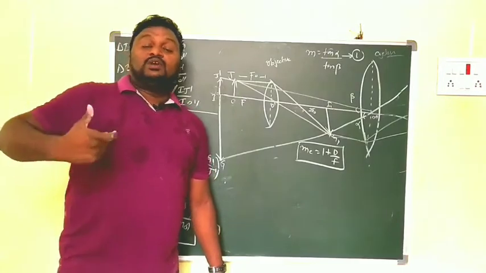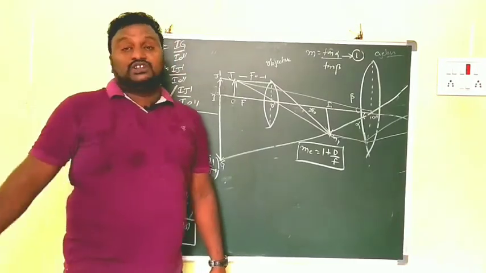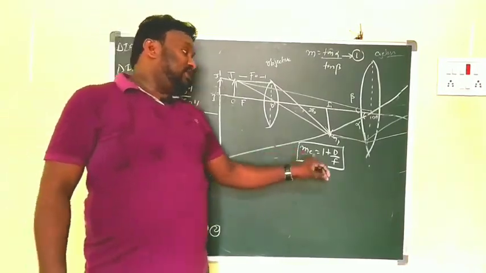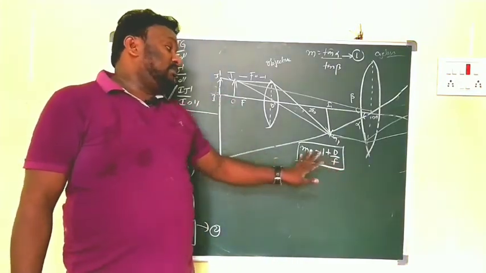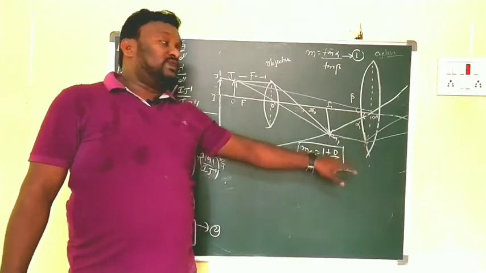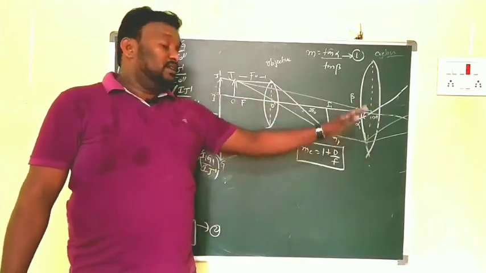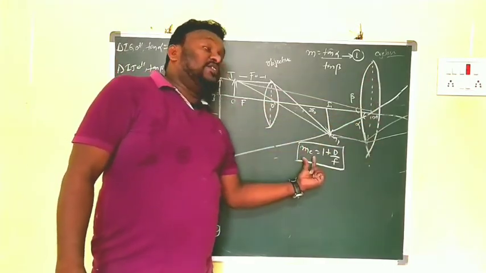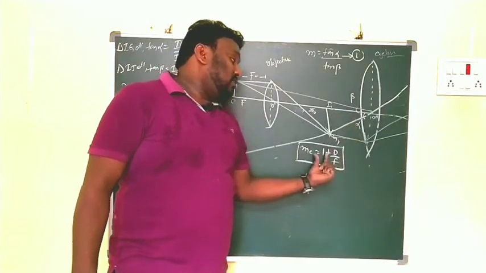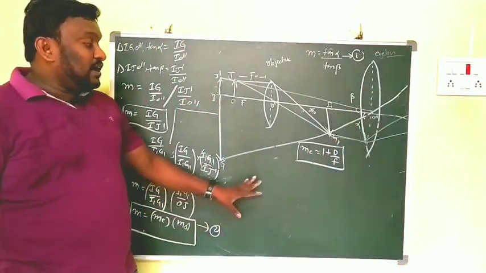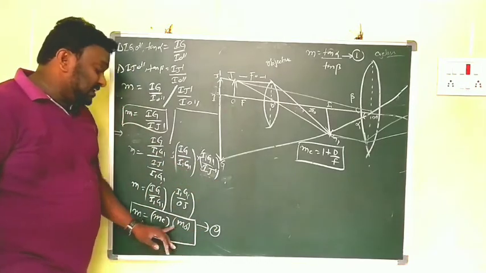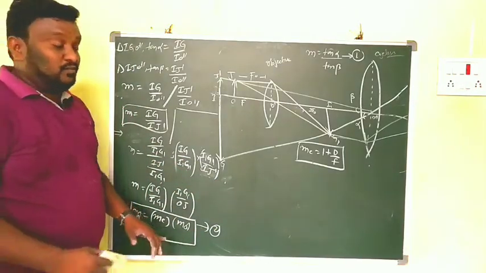If you have any doubts, go and watch that video. The magnifying power of the eye lens is 1 plus D by F. Clear, children? Now we want to find out M O. M E is already there.